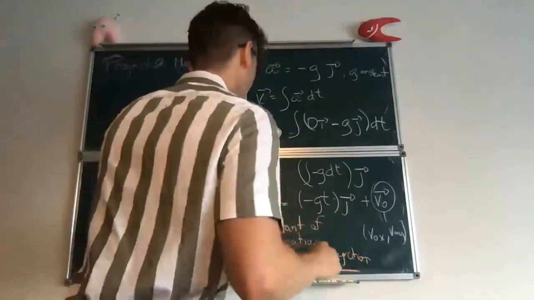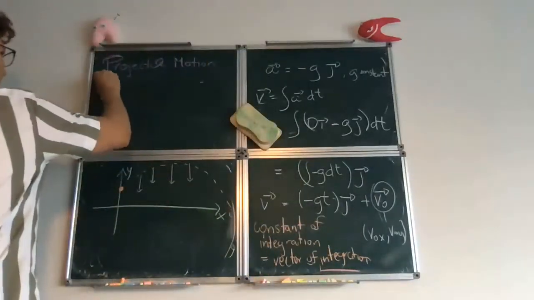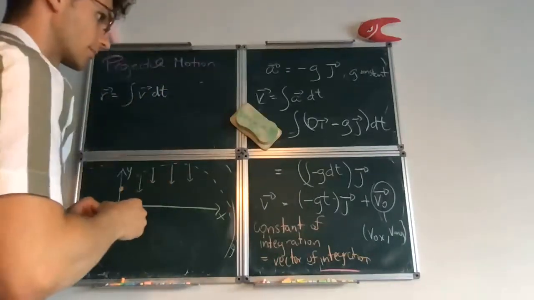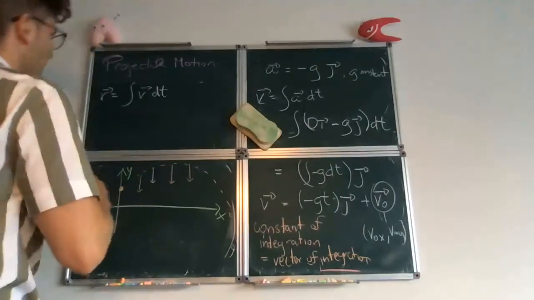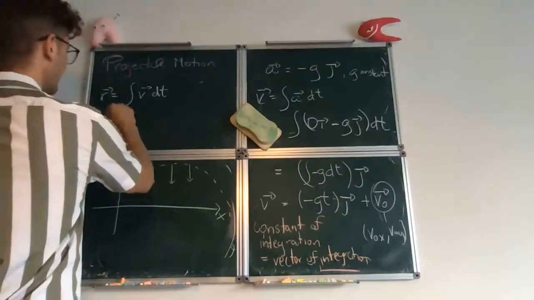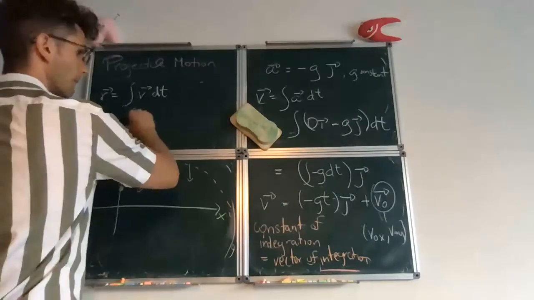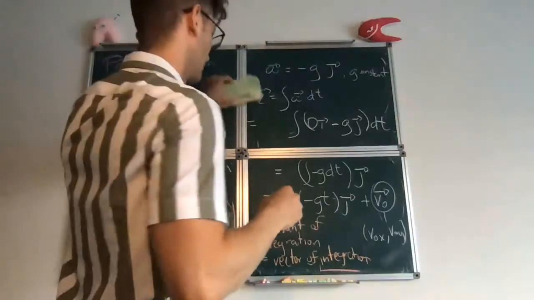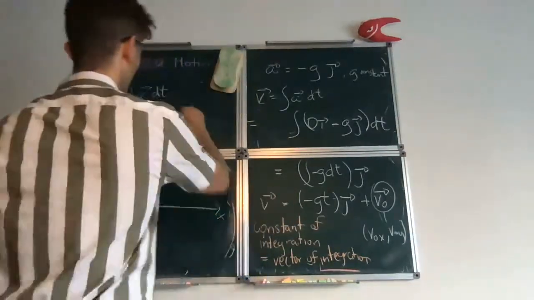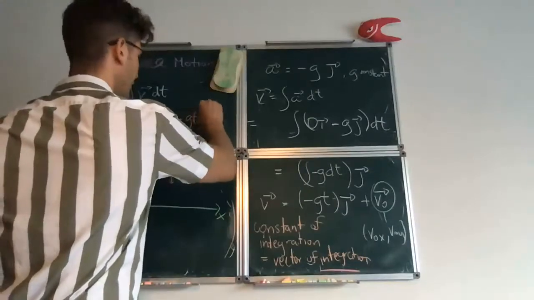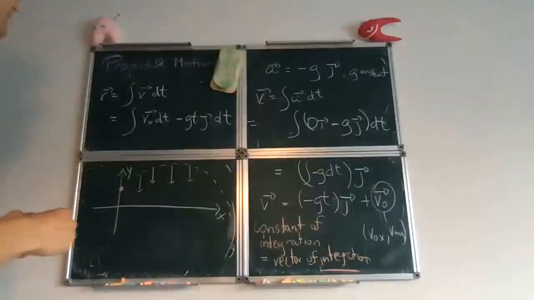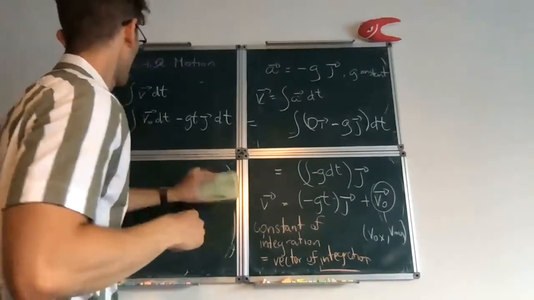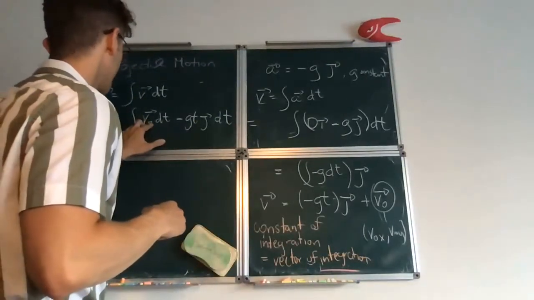And then the position vector is just the integral of the velocity. And so this is the same as integrating v0 dt minus gtj dt. Okay? And again, v0 is a constant here.